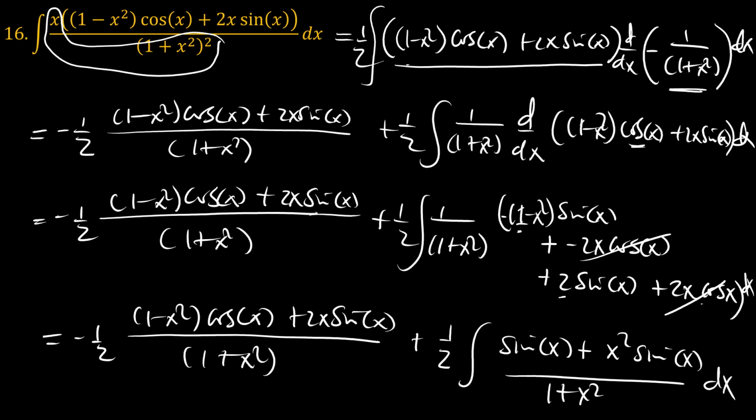And we can see that we can pull sine x out, and we are left with 1 plus x squared in brackets. So that is good. We're making progress. We can factorize things here and divide by 1 plus x squared, and that goes away.